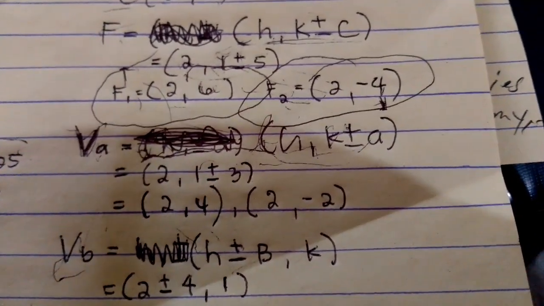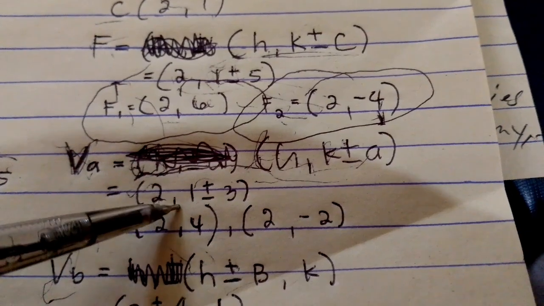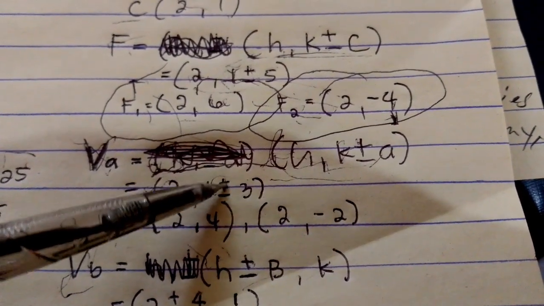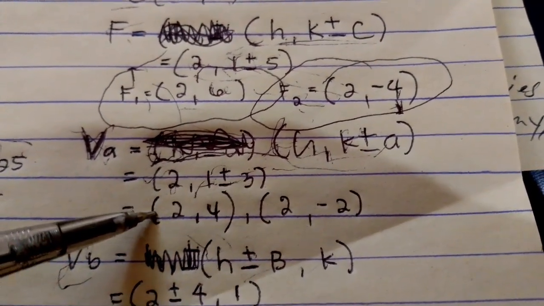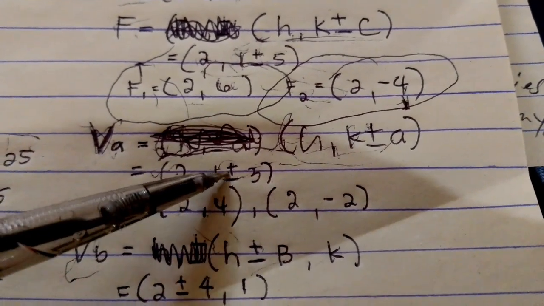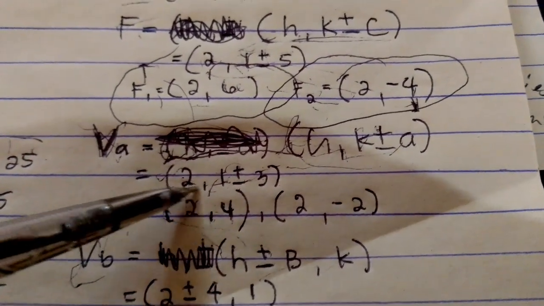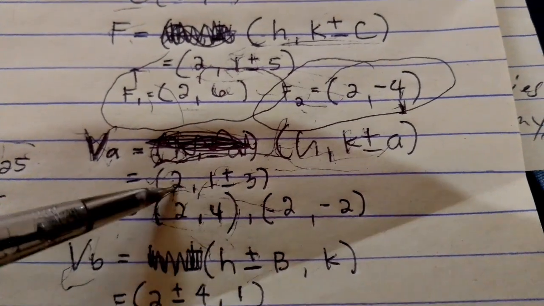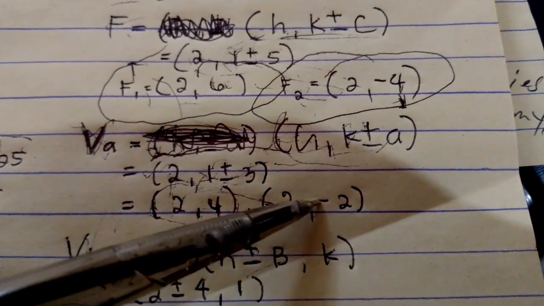All we have to do is substitute. h is equal to 2, k is equal to 1, plus or minus a, which is equal to 3. Copy the 2, comma, 1 plus 3, which is 4. That's the first coordinate. The second coordinate is copy the 2, comma, 1 minus 3, which is negative 2.